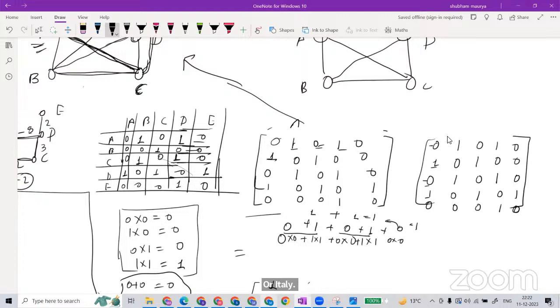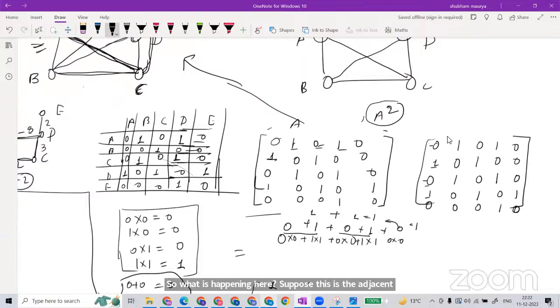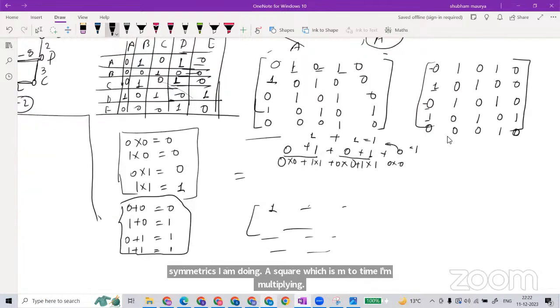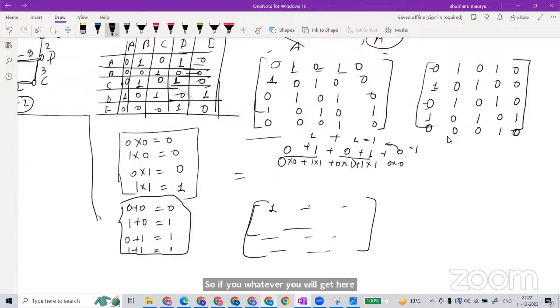Suppose this is the adjacency matrix and I am squaring it, multiplying two times. Whatever adjacency matrix you get here, if you draw the graph of this adjacency matrix, what graph will you get?